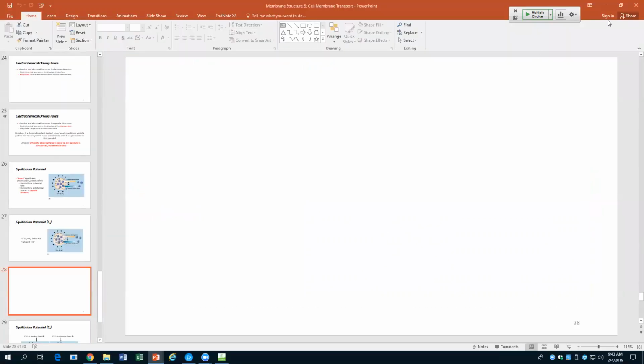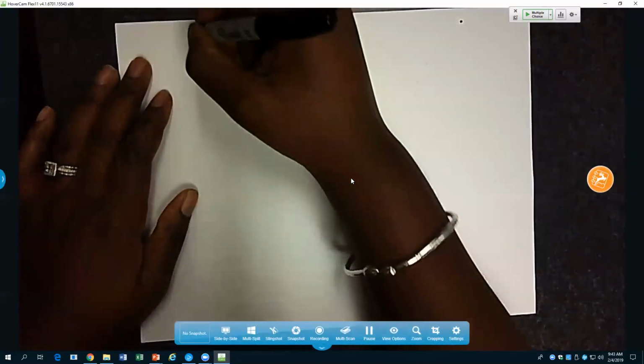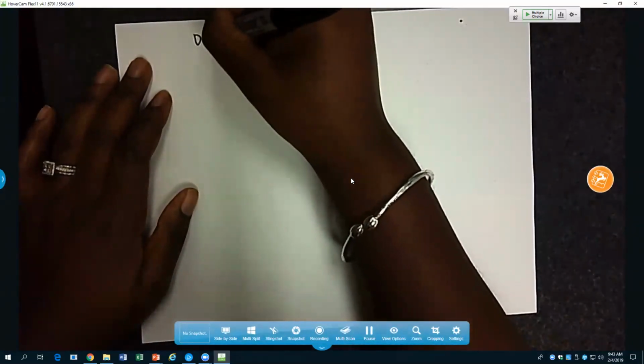Okay, let's keep going. Let's look at how we determine which of these forces is the dominant force. Which of these forces is going to dictate the direction of the movement?